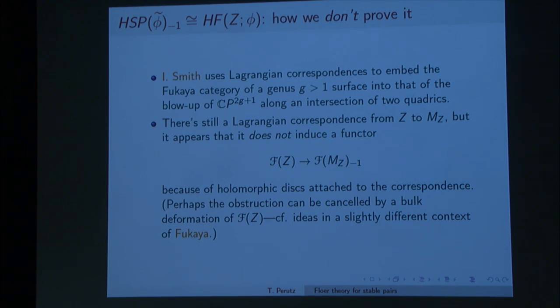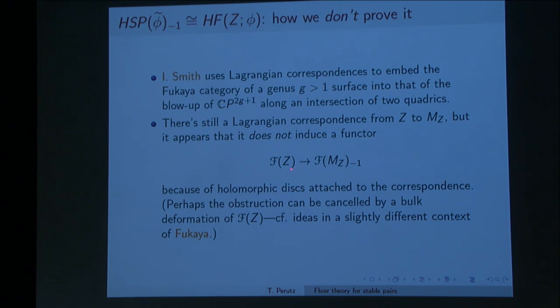So in the genus 1 case, there still is a Lagrangian correspondence which suggests that there ought to be a relation between the Fukaya category of this genus 1 surface and that of MZ. But this correspondence is obstructed. It doesn't induce a functor. And to get a functor, one would at least have to do something like this.